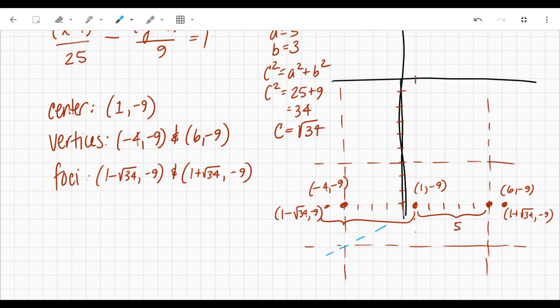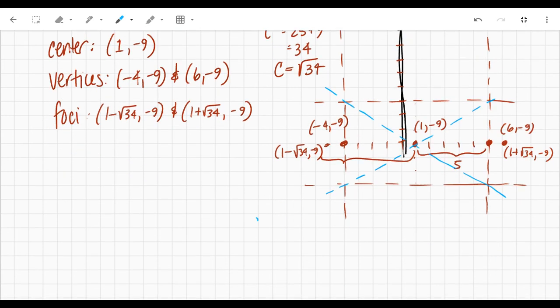Okay, so remember, your asymptotes go through here and here. Okay, so there's 2 of them. So for your asymptotes, they are both lines through the point 1, -9. Okay, one of them has a slope of up 3 over 5.